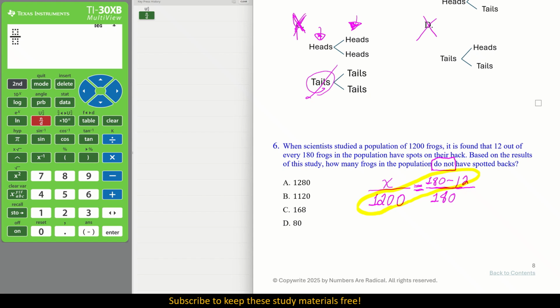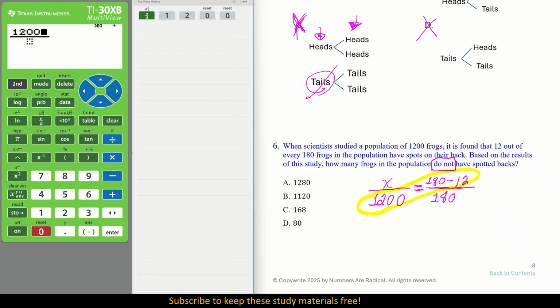We teach this to the students generally before Christmas, and then after Christmas, they would be presented with questions like what you see here. So I have 1,200, and I'm going to use parentheses and 180 minus the 12.